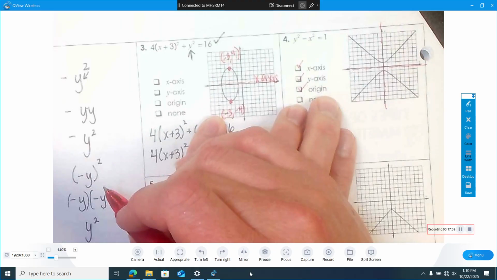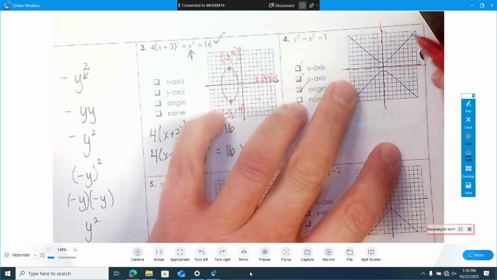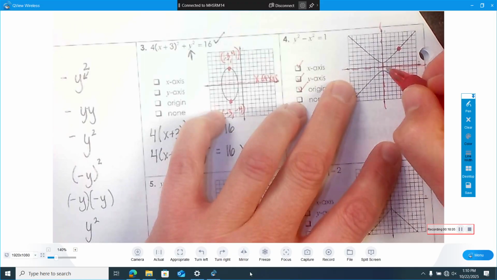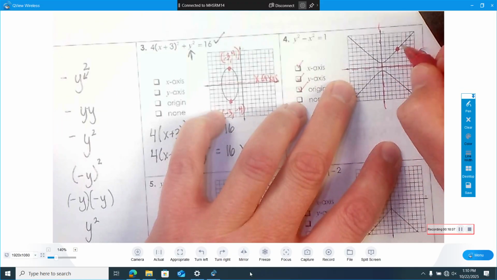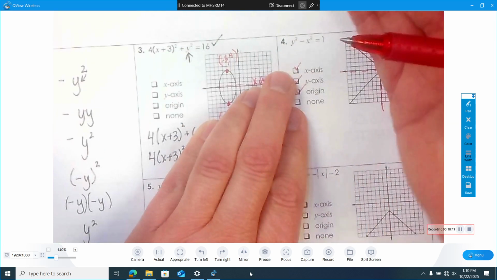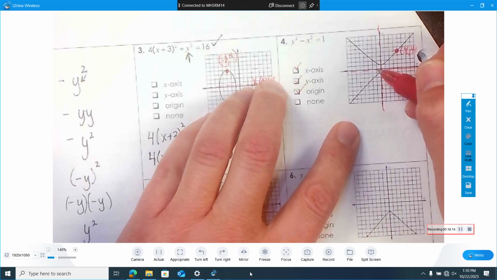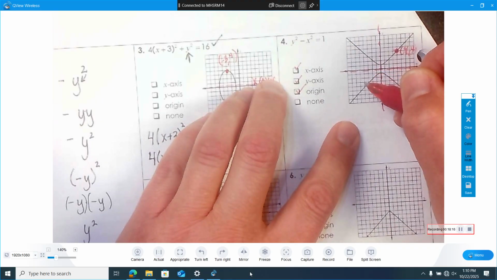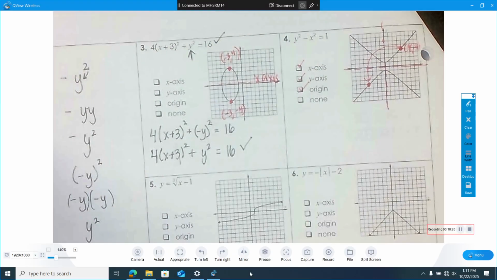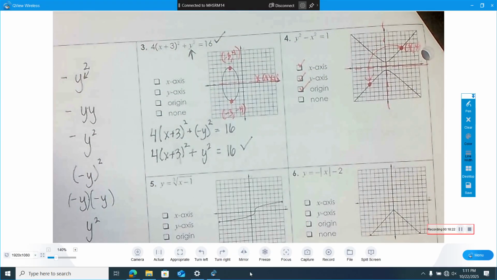What about origin symmetry? Could it be that as well? Let's see. If I take this point 1, 2, 3, 4, 1, 2, 3, 4, can you rotate the whole picture and it land on top of itself? Yeah. So that rotational symmetry is there too, rotating around the origin 180 degrees. Yeah, all 3. So tricky.